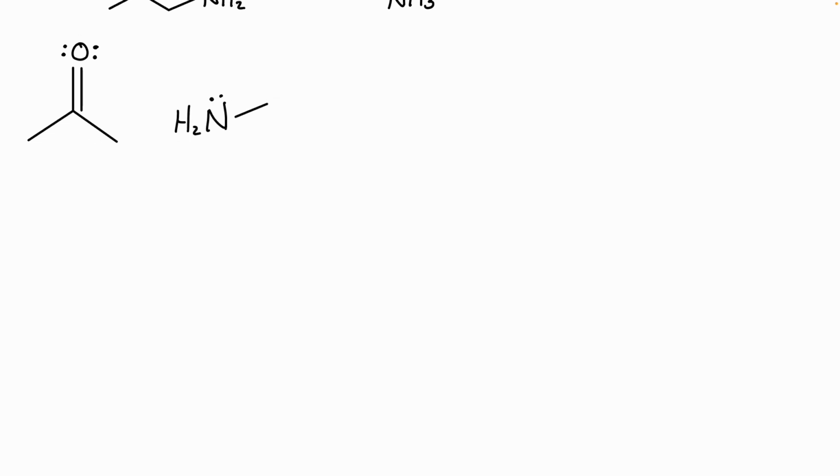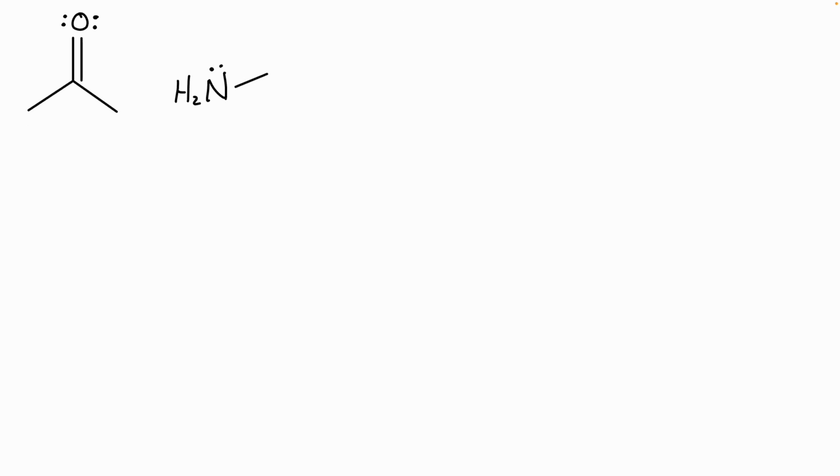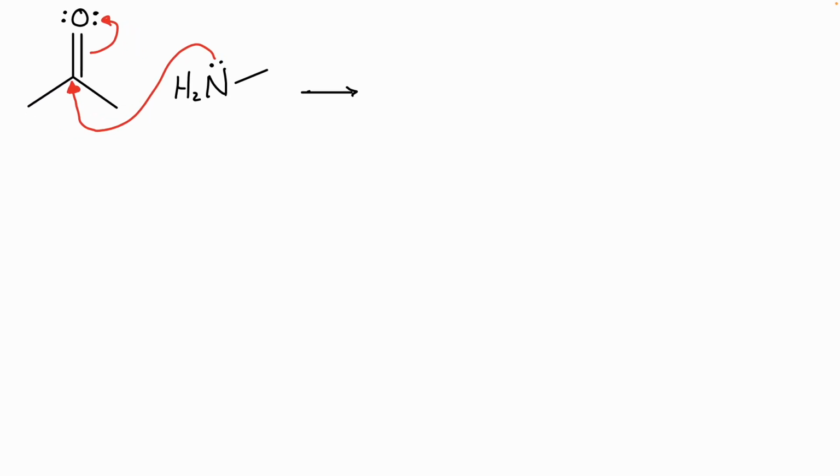Okay, so this first step in this mechanism is going to be a nucleophilic attack of that electrophilic carbonyl carbon. All right, so everybody take a second and show me what the product of this first step is. What is going to be my intermediate here?